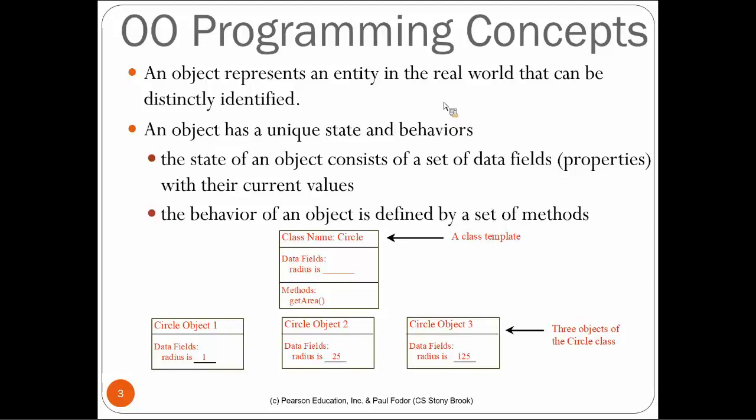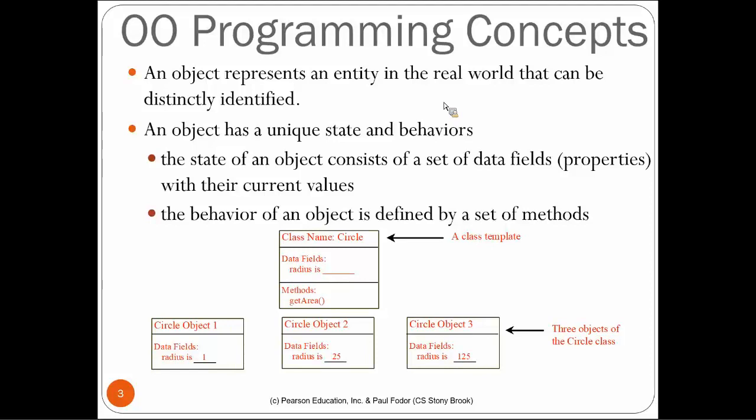So here below we actually have such a template. It's the class circle. The class circle in some graphical application like a paint application, each circle must have a radius, and it also carries a method getArea, which is available only to objects of the type circle.